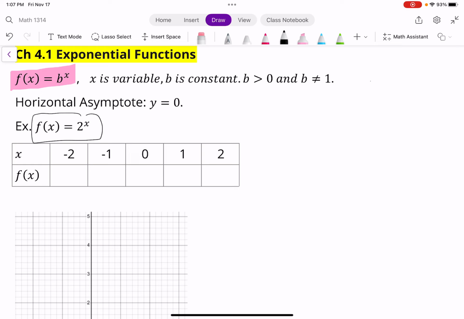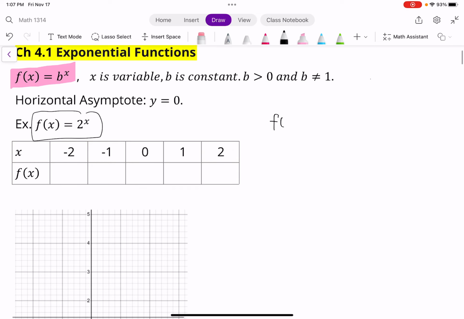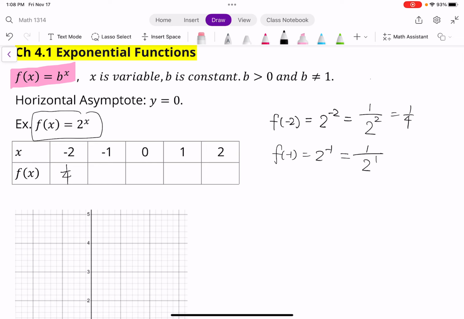The first row is all the x values, and let's see what the y values are for these x values. When x equals negative 2, 2 to the negative 2: the power is negative, so I move the 2 to the bottom and raise it to the positive 2 power. We have 1/4. Second, f of negative 1 equals 2 to the negative 1. We flip the 2 to the bottom, raised to the first power, which is 1/2. If I have f of 0, 2 to the 0, it is 1.